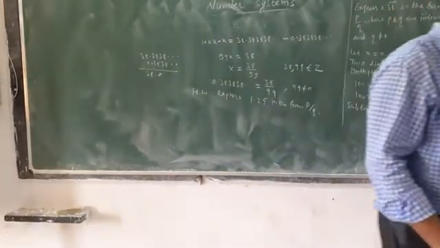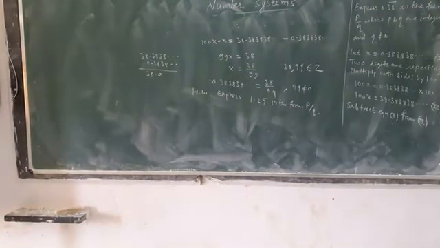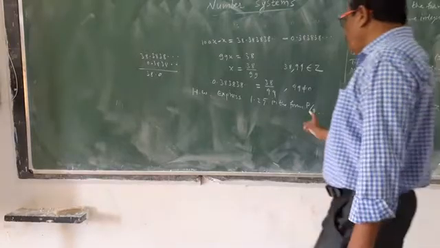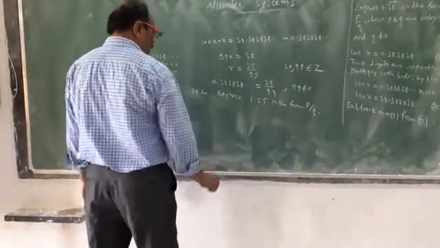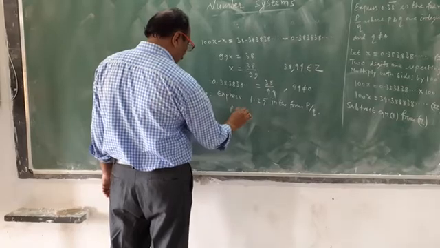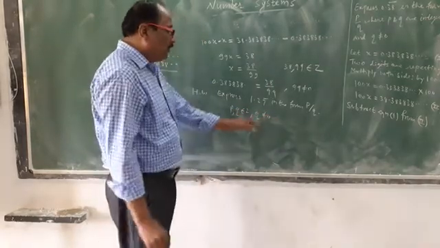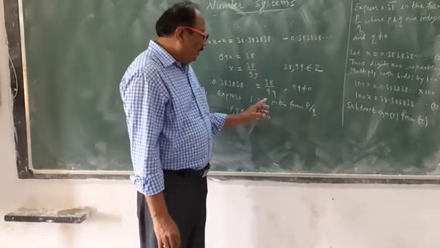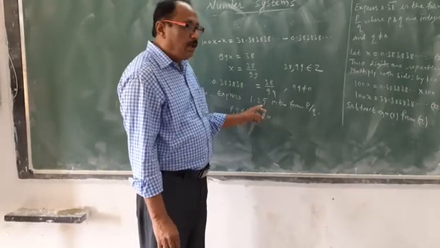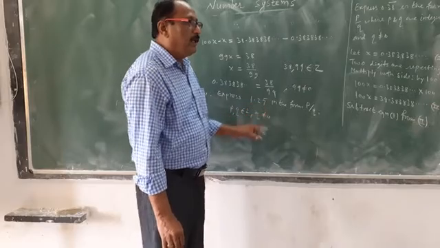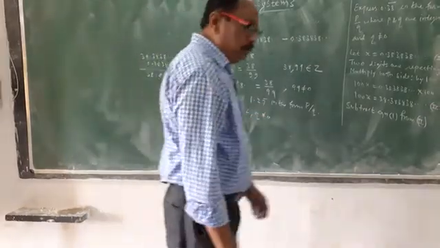P and Q are integers and Q is not equal to 0. Here one digit is repeating. One digit repeating means you have to multiply both sides by 10 and solve it.